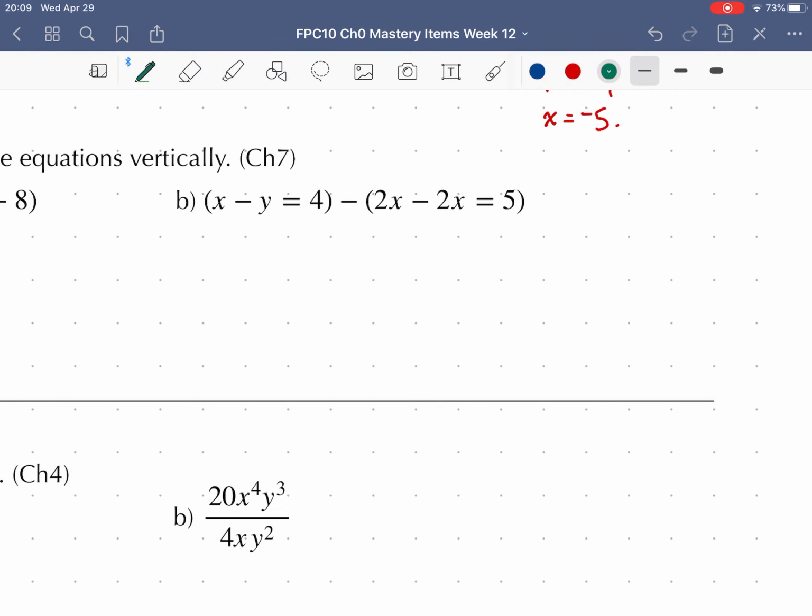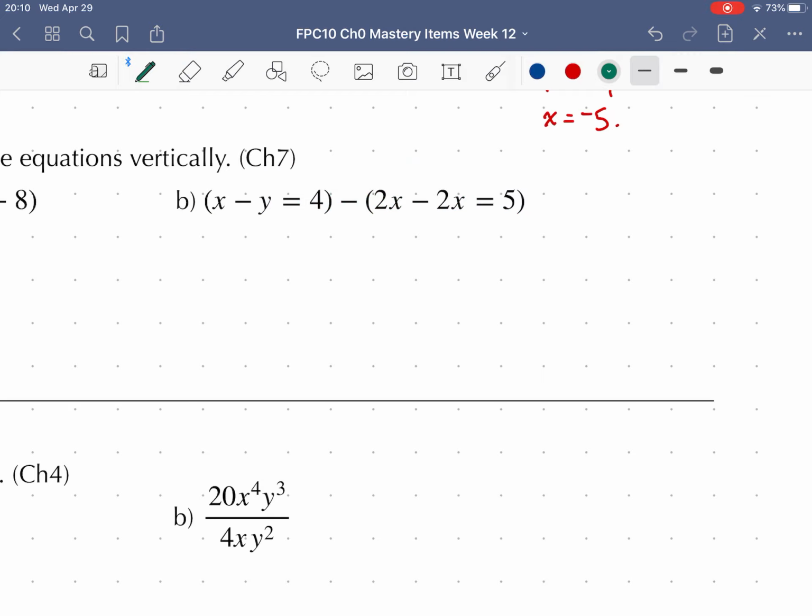Letter B. We are subtracting them. And let's take a look at what we've got here. X, good. Y, x, ooh. This must be a typo. Well, let's see what happens. Let's see if this is a typo.